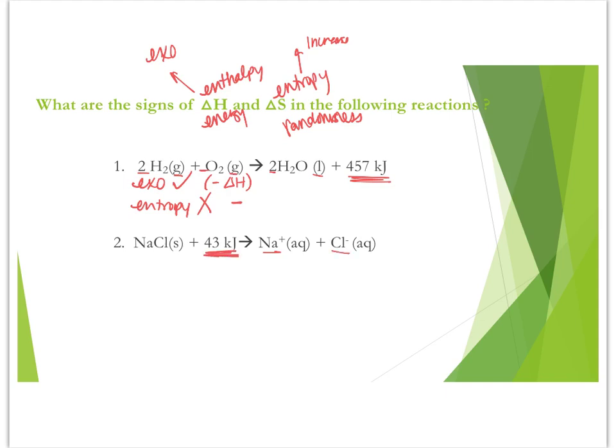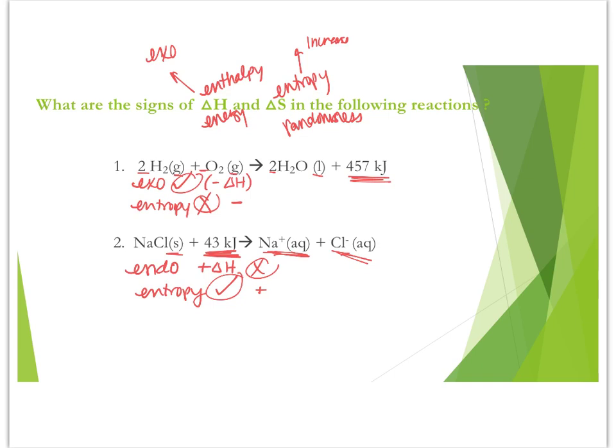The energy is on the left, which tells me it's endothermic, which is positive and not favorable. But it is spontaneous because breaking apart increases randomness, which is good. So you can have those two concepts in conflict.